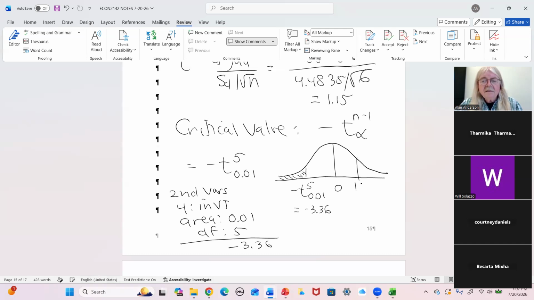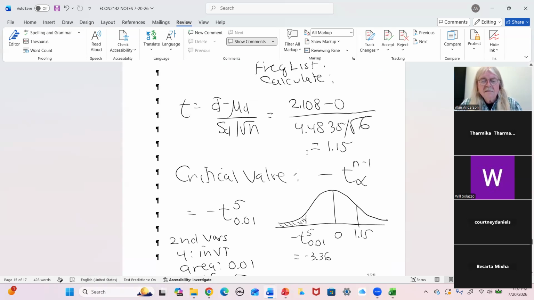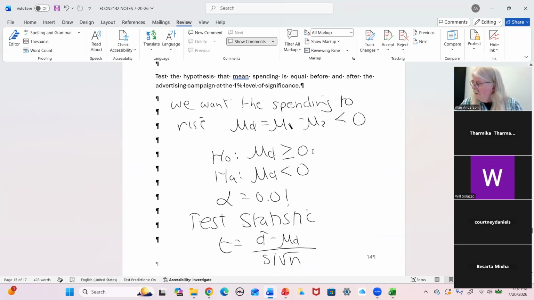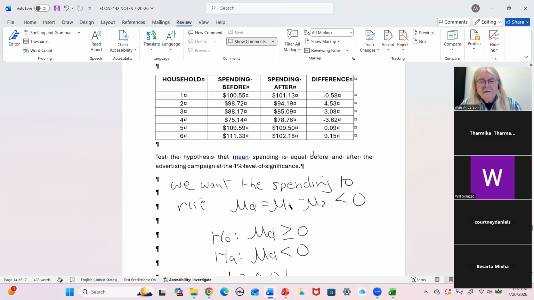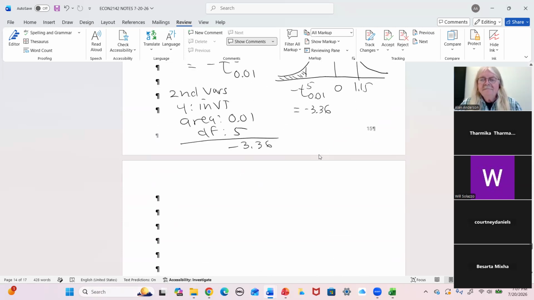Our test statistic is up here somewhere. Yeah, that's right. Anyway, what this shows us is that we do not reject the null.